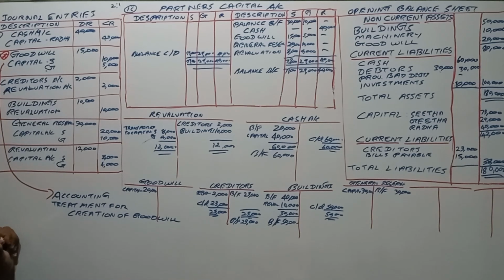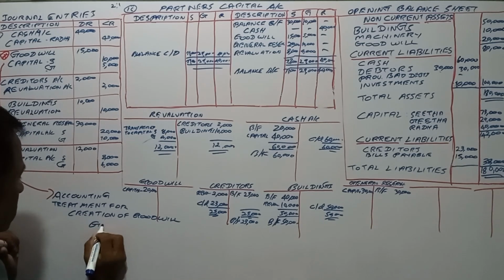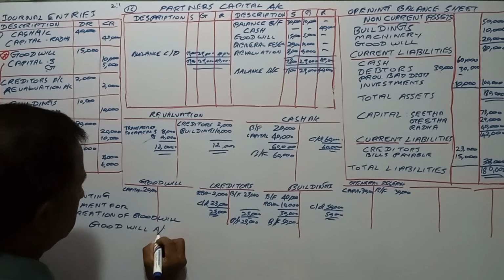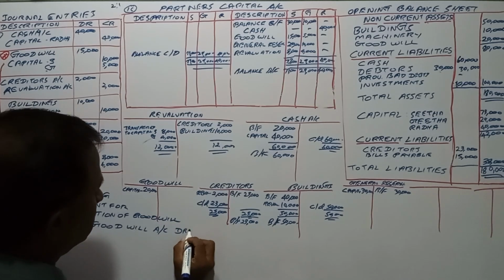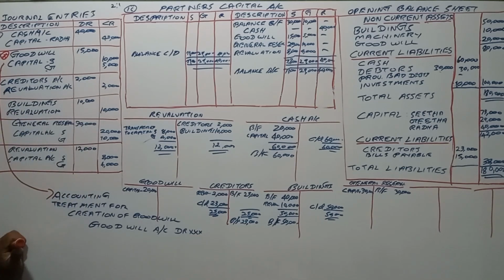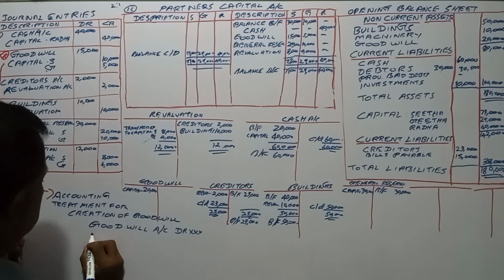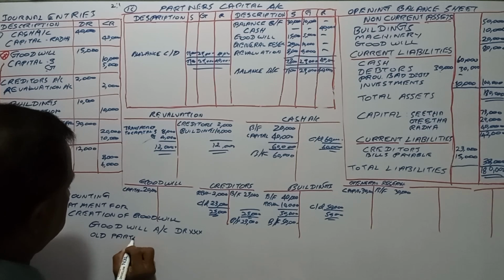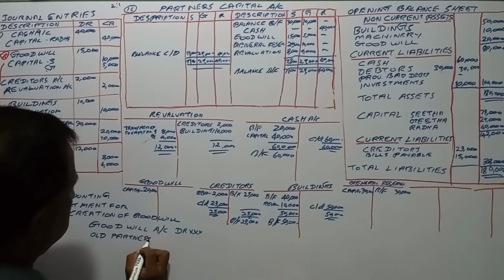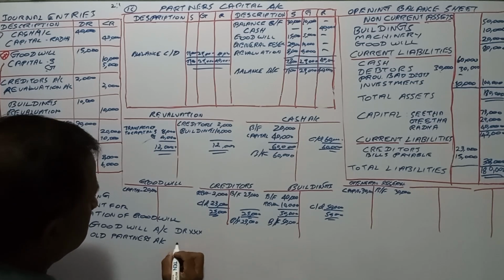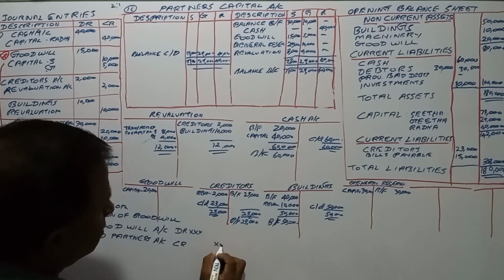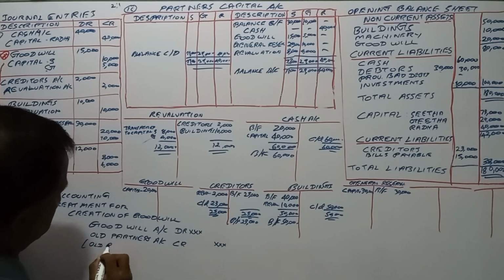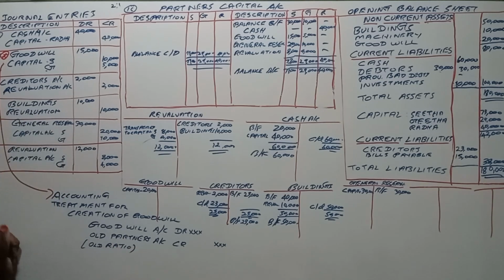That is goodwill account debit, and old partners' accounts credit according to the old ratio.